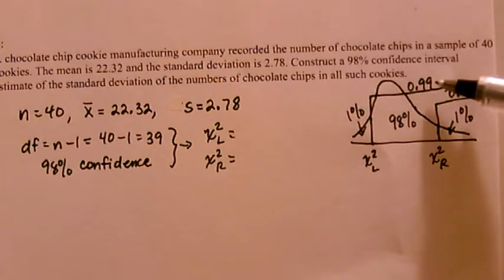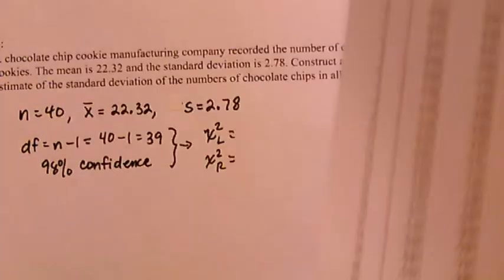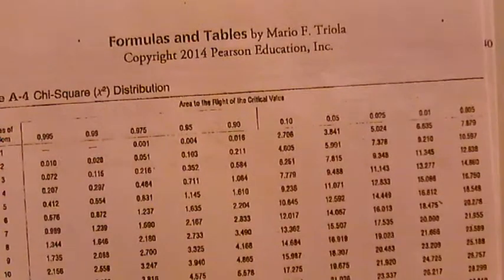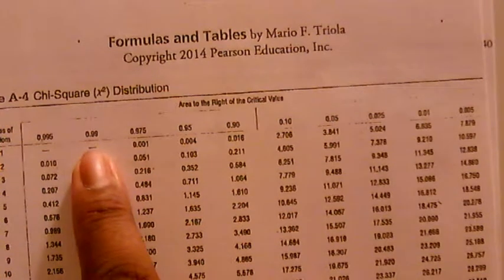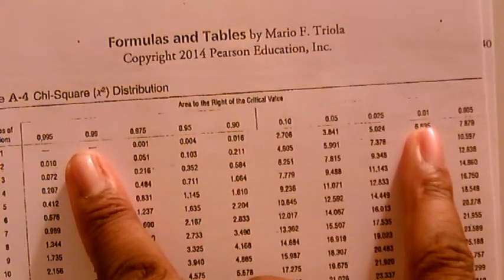So we're going to be using 0.99 and 0.01 in our chi-square distribution table, or table A-4. Now we're dealing with 39 degrees of freedom. So here we're looking at only 0.99 and 0.01.